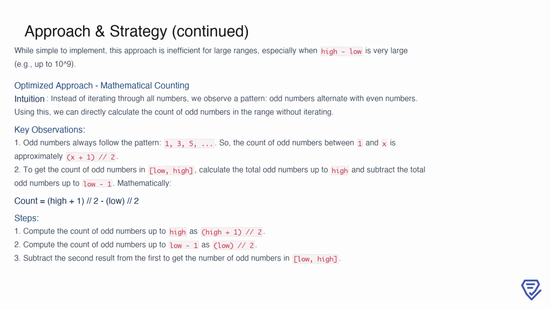Using this, we can determine the count of odd numbers in the range low, high, by subtracting the count of odd numbers up to low - 1 from the count of odd numbers up to high. This gives us the formula (high + 1) / 2 - low / 2. By relying on this arithmetic observation, we eliminate the need for iteration entirely.